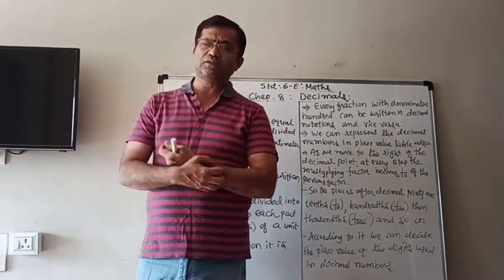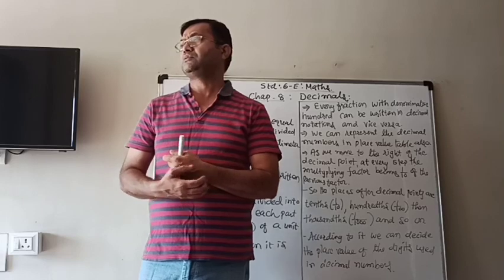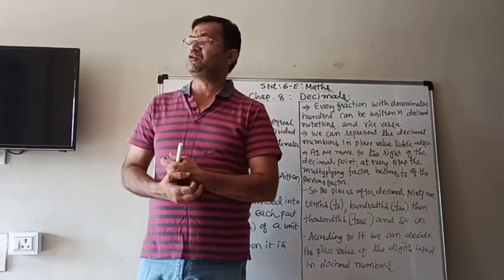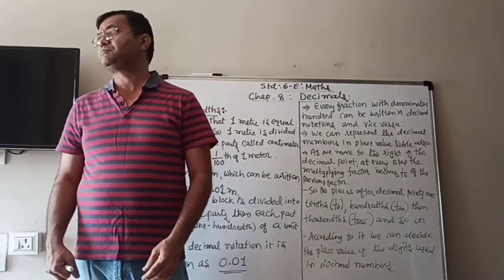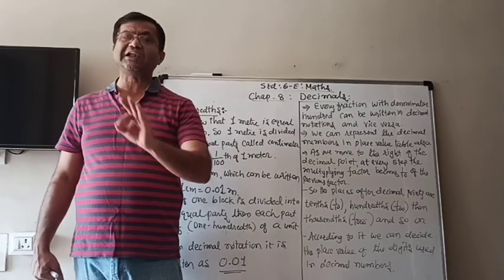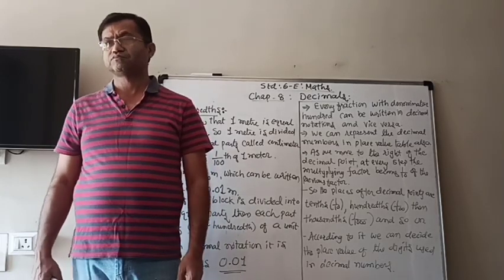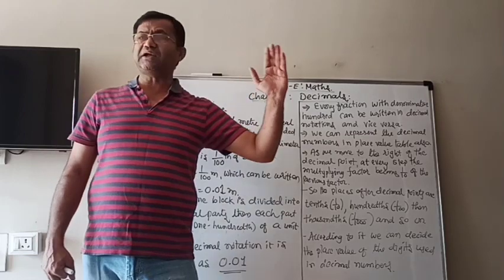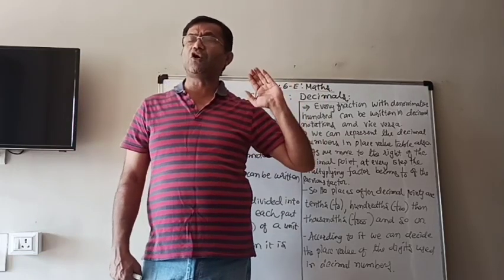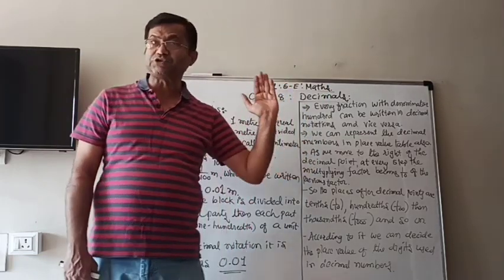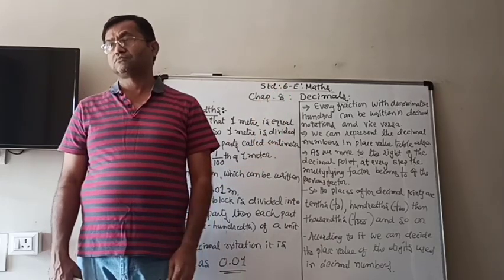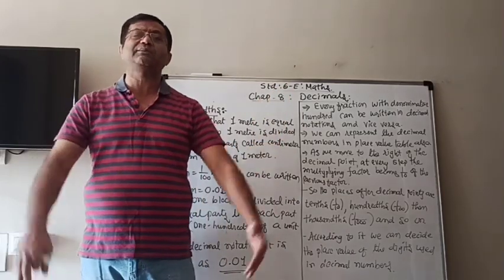Also, as we saw in the previous few videos about the place value table, when we go from left to right in the place value table, what happens?